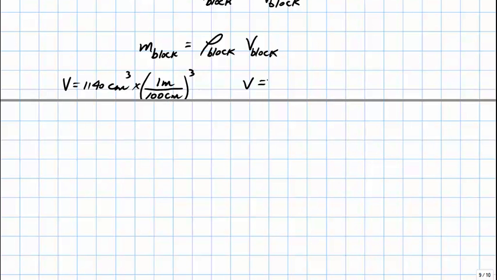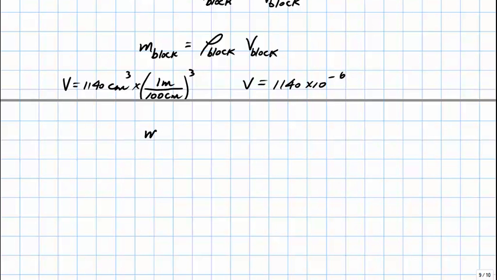So the volume of the block equals 1,140 times 10 to the minus 6. On your calculator, you might be seeing 1.140 times 10 to the minus third. These two values are equivalent.